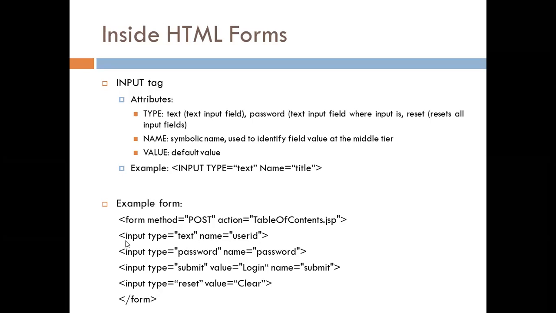So here, when the type is text, you will get a text box where we type the user ID, and whatever is typed in that particular text box, the content is visible. Whereas if the input type is specified as password, then whatever is typed in that box will not be visible.